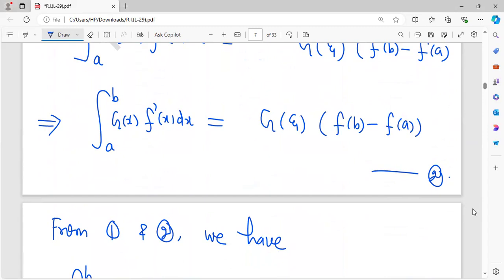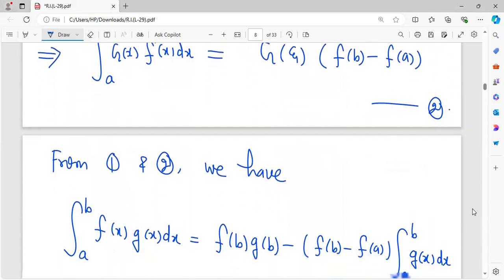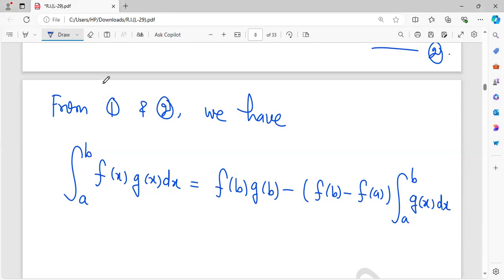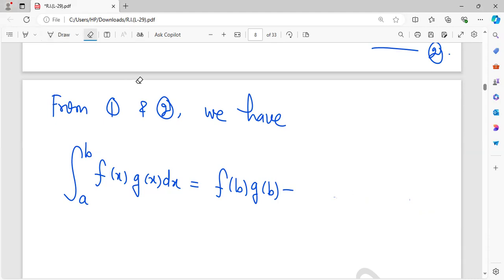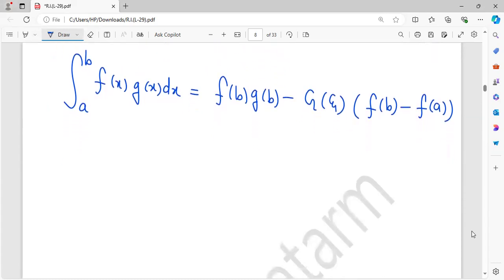Now from 1 and 2, what we have? So write it here. This is G xi f b minus f a. Now what is this?